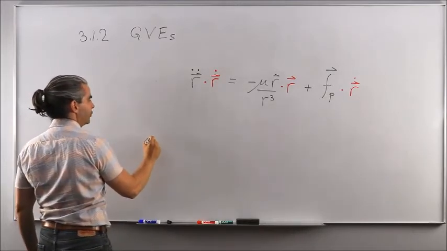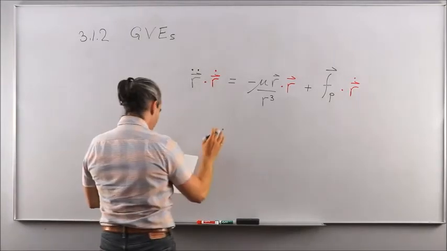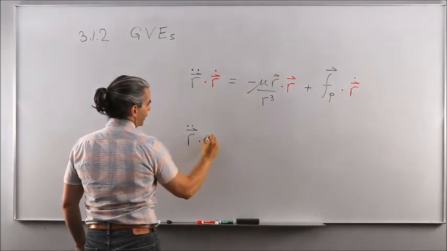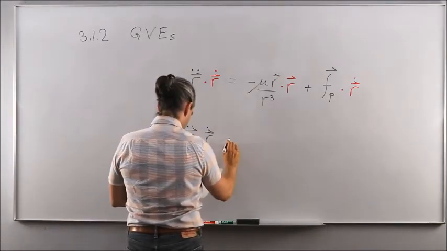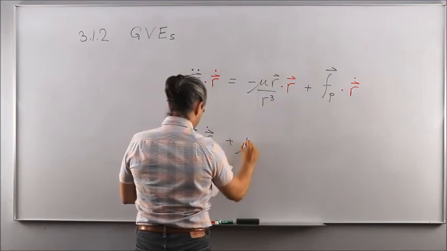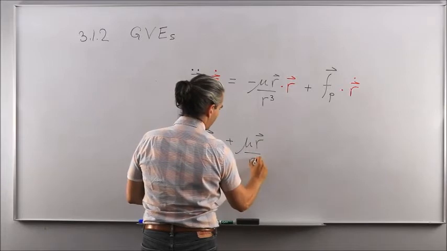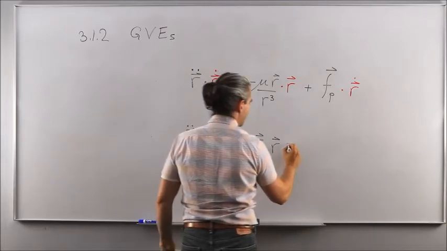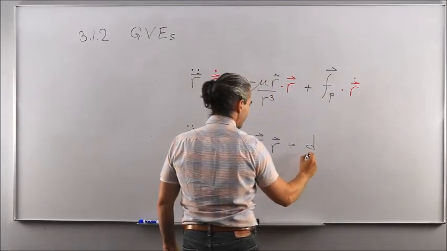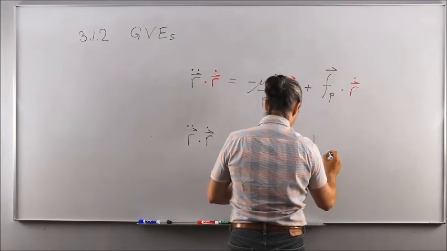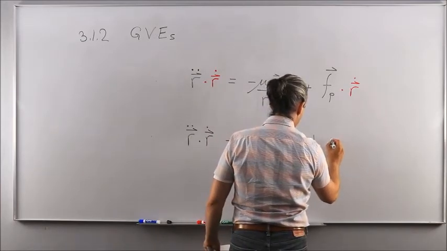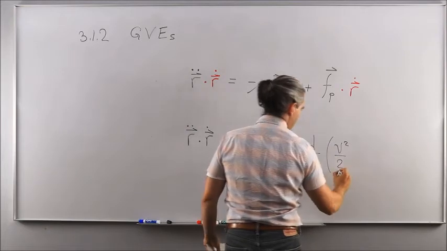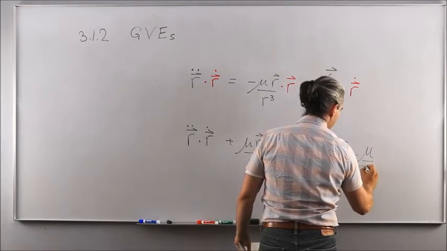The other thing is that if you go back to chapter 2, we had obtained something very similar, which was r double dot dot product r dot plus mu r vector over r cubed dot product r dot, and we had said that that was exactly equal to d/dt of our orbital energy, which was specific kinetic energy plus specific potential energy, like that.